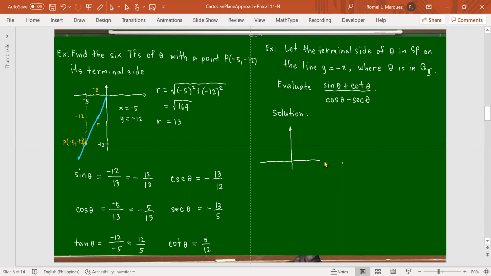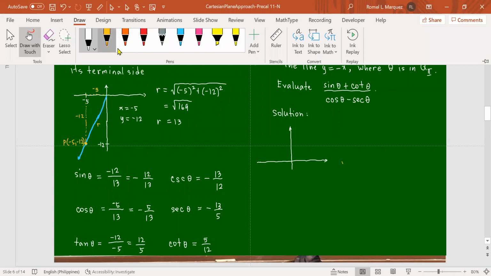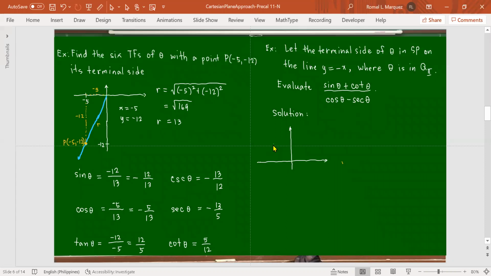But its terminal side lies on the line y equals negative x. So let's draw y equals negative x. Y equals negative x is a line dividing the second and third quadrant into two equal subplanes.